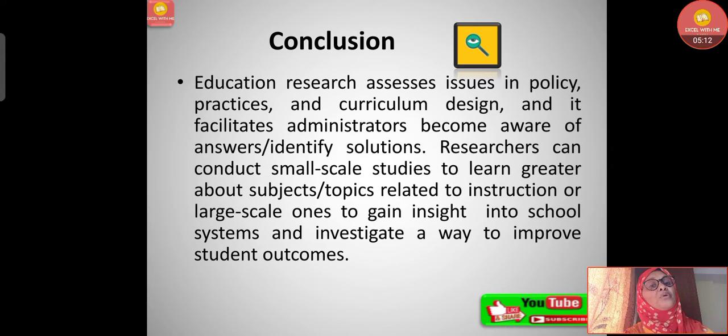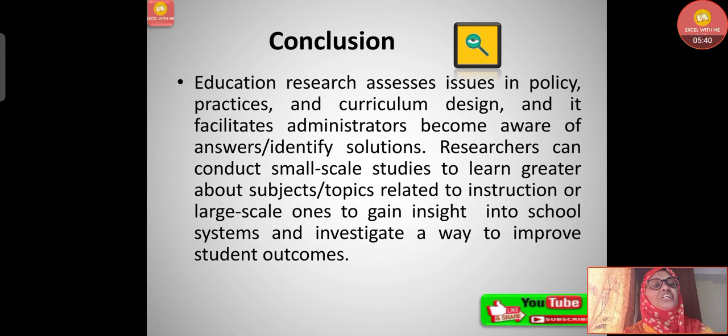Researchers can conduct small scale studies to learn more about subjects or topics related to instruction, or large scale ones to gain insight into school systems and investigate a way to improve student outcomes. So here research can be done on a small scale also and on a large scale. Small scale in the sense they can understand more about subjects or particular topics related to the instruction.